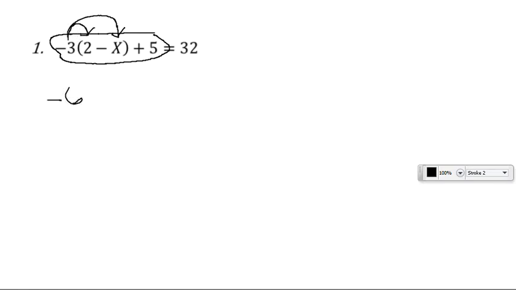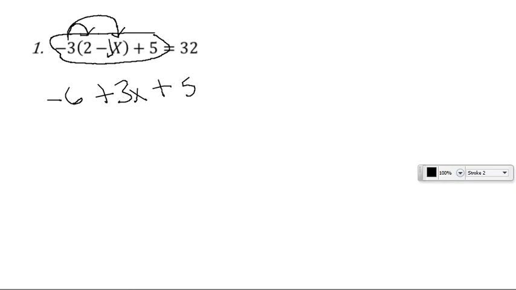And then negative 3 times a negative x, because there's a minus sign in front of this x, it actually makes it a negative 1x. We don't always write that 1 as a coefficient, but we need to remember that it is there. So negative 3 times negative 1x would be positive 3x. And then we have our plus 5.